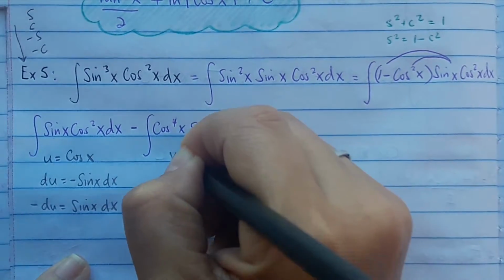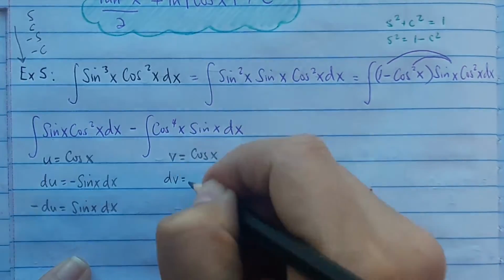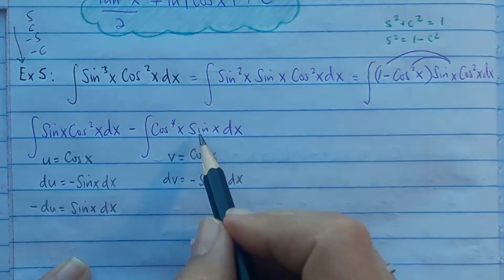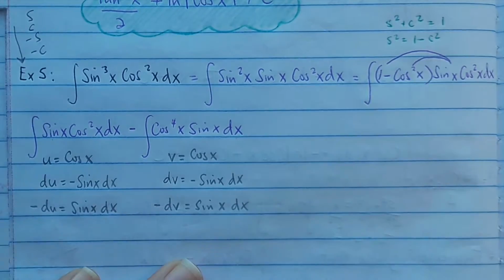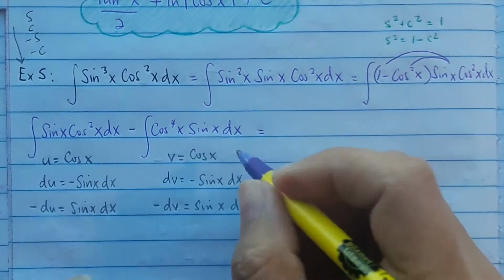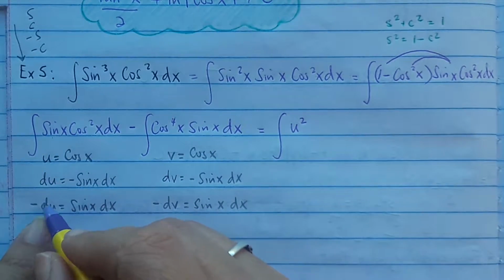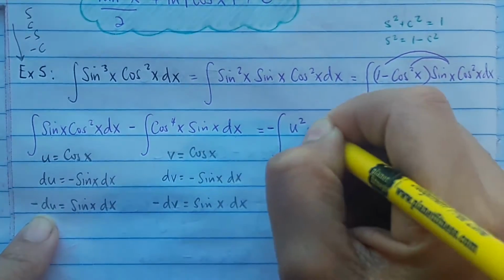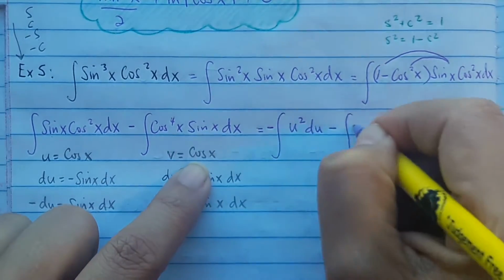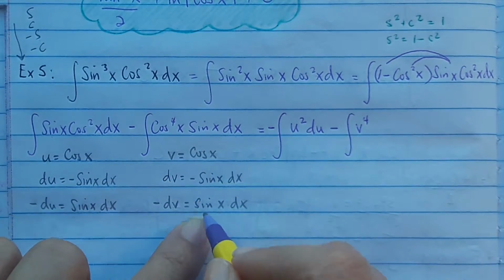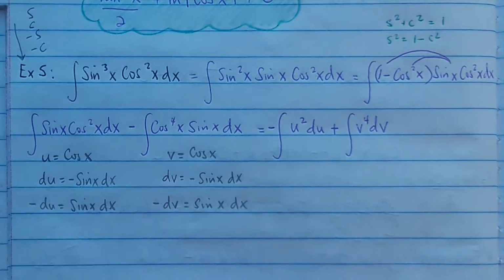On this one, let v equal cosine x, so we don't get confused. The derivative of that is negative sine x dx, and I need it to be positive, so negative dv is equal to sine x dx. Alright, let's substitute those in. So negative u squared, and then du is negative, so that's negative du, minus v to the 4th, and then dv is negative, so we change that to a positive dv.